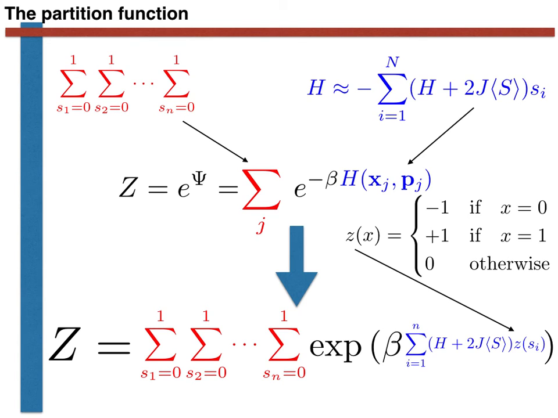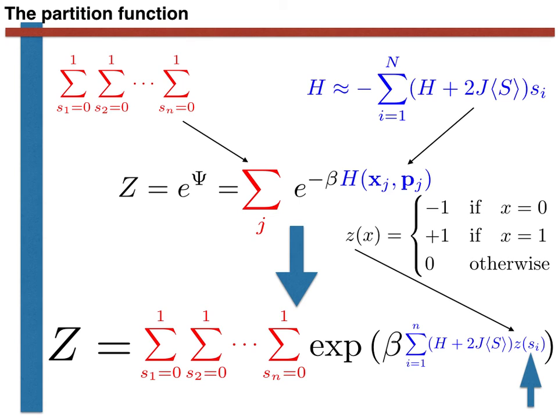Now look at this expression we have just arrived at. As always, we could rewrite the exponential of the sum here as a product of exponentials. Further notice that each of the terms in this product would only depend on one of the spin variables, so we can rewrite the sum of a product as a product of sums, much as we did for the lattice gas model.